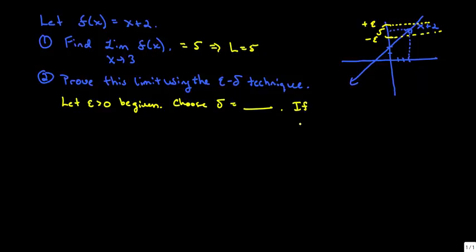If our x values are within that delta, so what we're doing is picking a delta down here that's going to be around 3. So positive delta, negative delta. Delta is a value that's positive, and we're floating around the value 3.